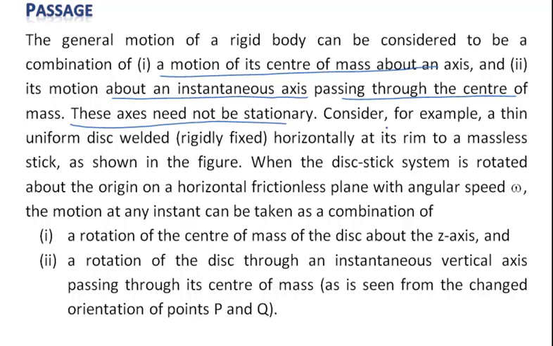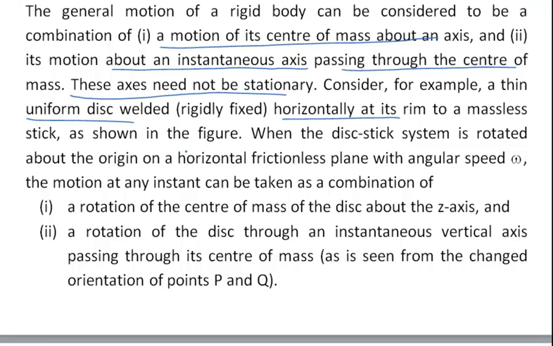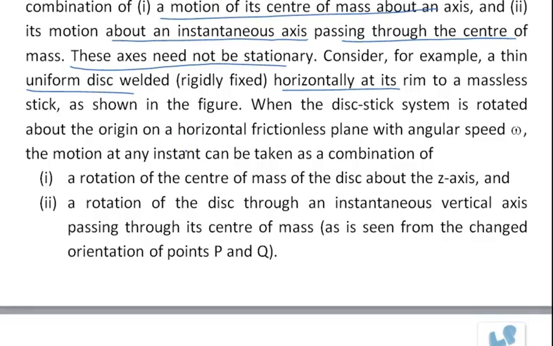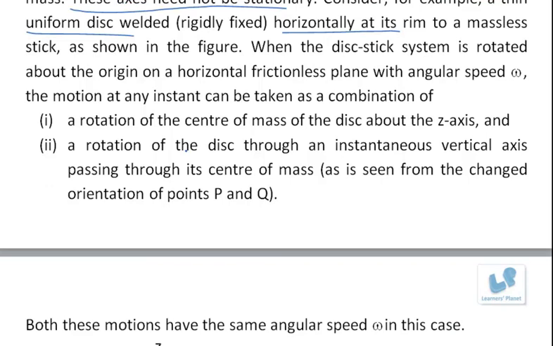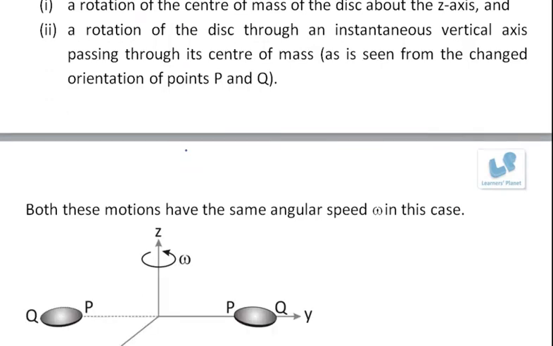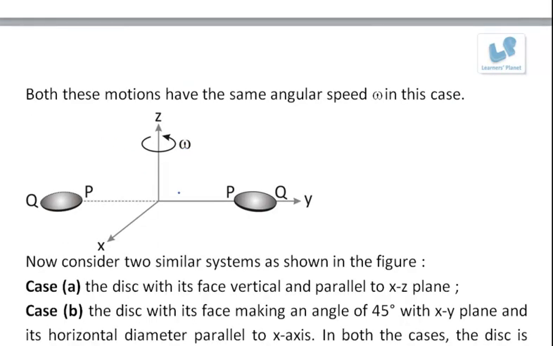Now consider, for example, a thin uniform disc welded rigidly, fixed horizontally at its rim to a massless stick as shown in the figure. When the disc-stick system is rotated about the origin on a horizontal frictionless plane with angular speed omega, the motion at an instant can be taken as a combination of, first, look at this.